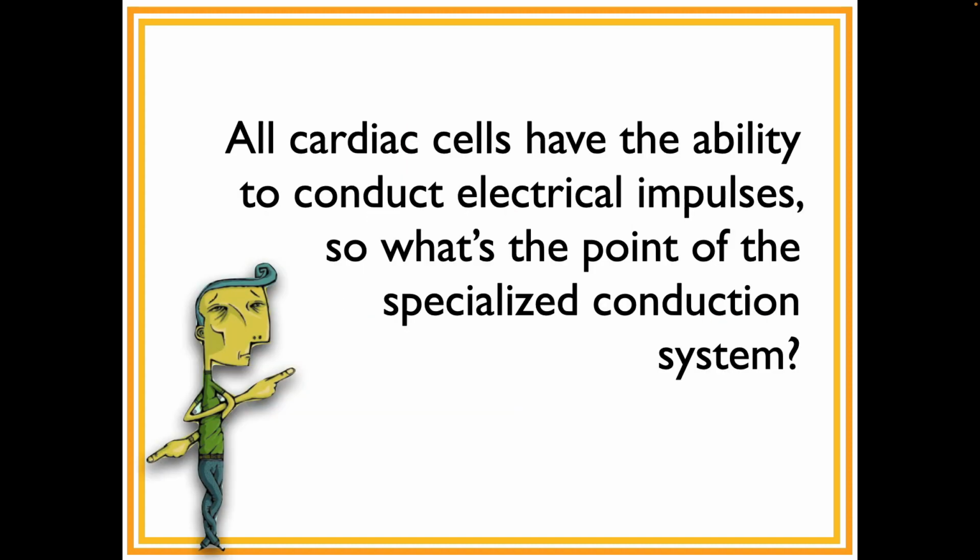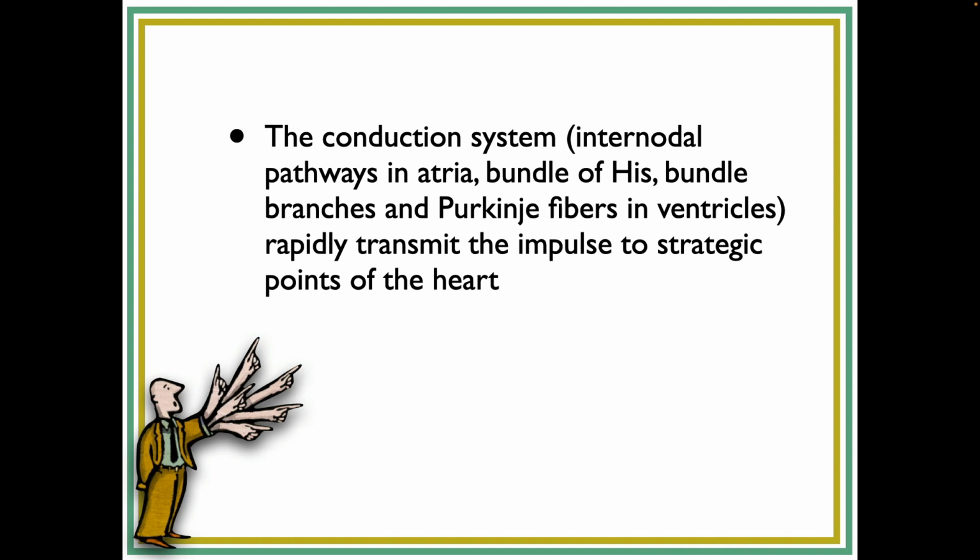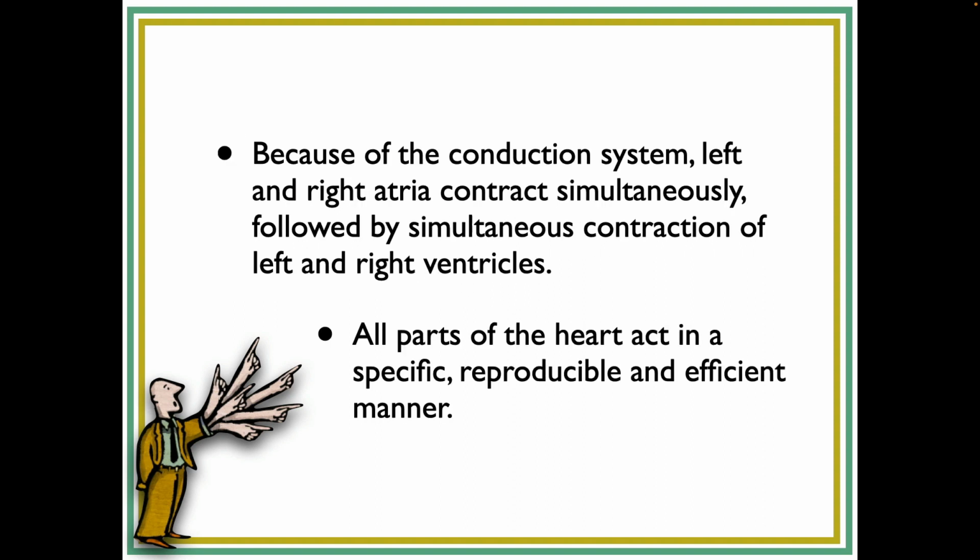Now, we've already said this multiple times, so I'll just blow through these slides. The conduction system rapidly transmits the impulse to strategic points of the heart, so the left and right atria can contract simultaneously. All parts of the heart act in a specific, reproducible, and efficient manner.